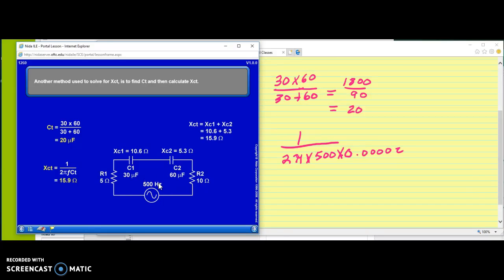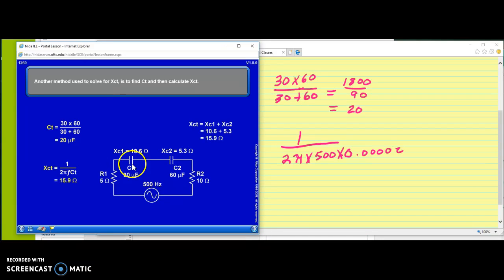So we came out with the same answer. We could have done each one of those individually, which we did in the first couple of problems, the 10.6 and the 5.3, added them together. Or we can get total capacitance, apply that to the capacitive reactance formula, and get that as well. So it's six of one, half a dozen of the other, whatever floats your boat, so to speak.